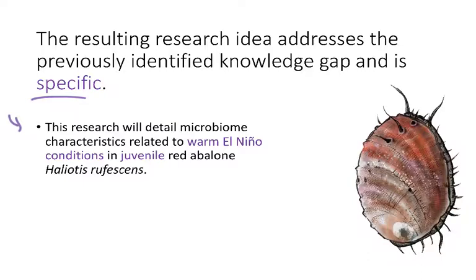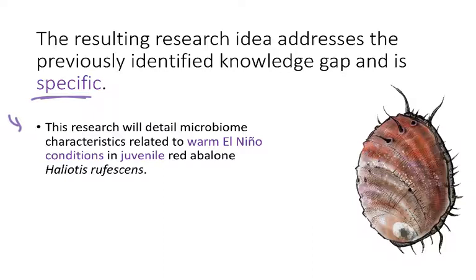And so I have a couple things here highlighted or written in purple, and that's to illustrate what I mean by these specifics. So when we're writing a research idea, we want to include some specifics to make it more concrete and more testable for the rest of our proposal.